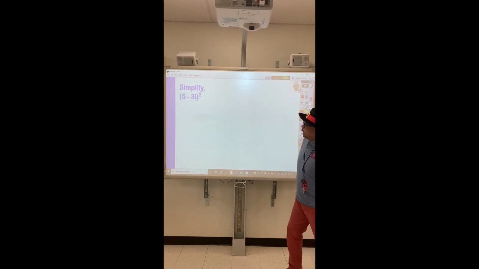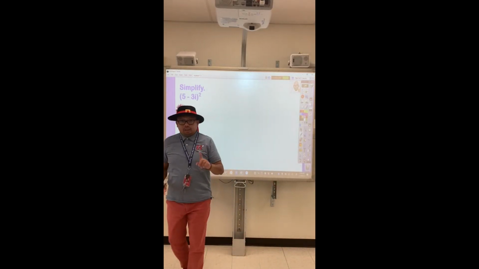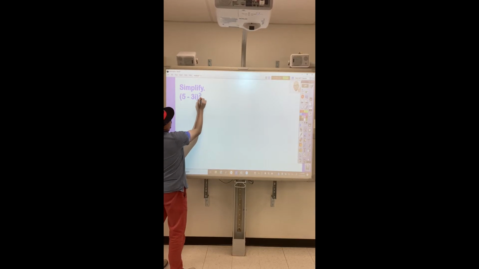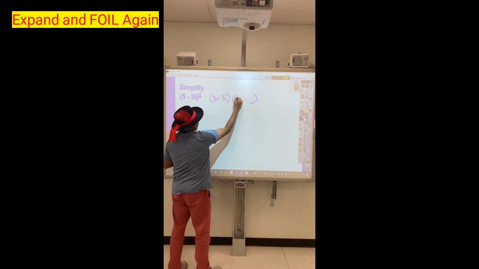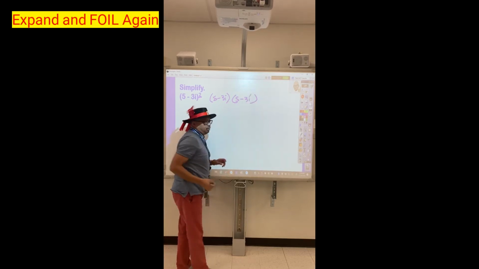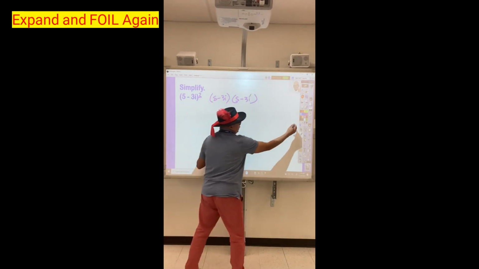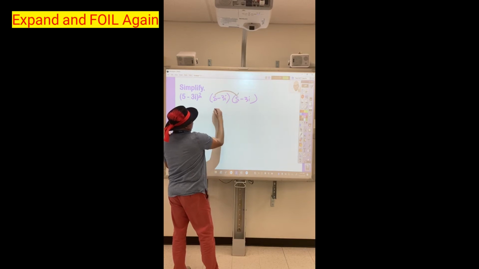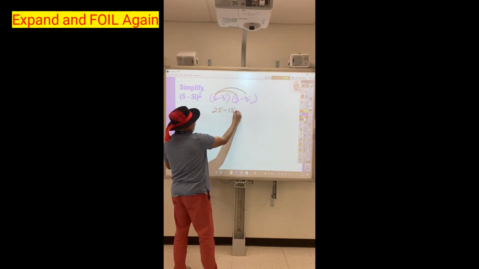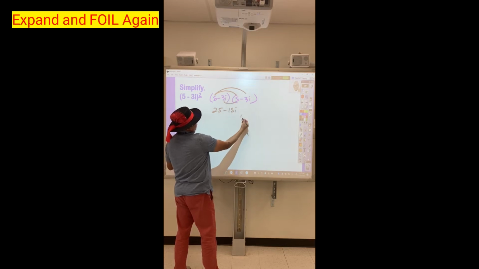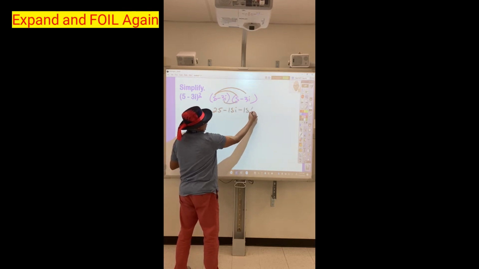Okay? Next, 5 minus 3i, squared. The meaning of the square here is there are two of that one: 5 minus 3i, 5 minus 3i. That means you're going to FOIL it again. 5 times 5 is 25. 5 times negative 3i is negative 15i. Negative 3i times 5 is negative 15i again.